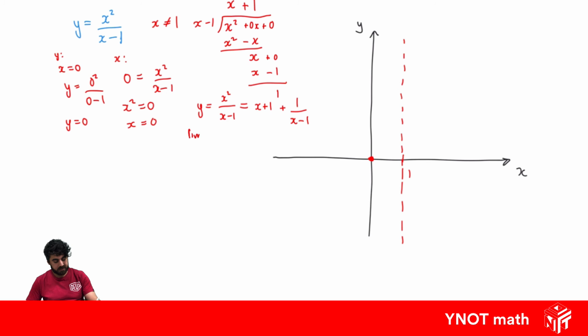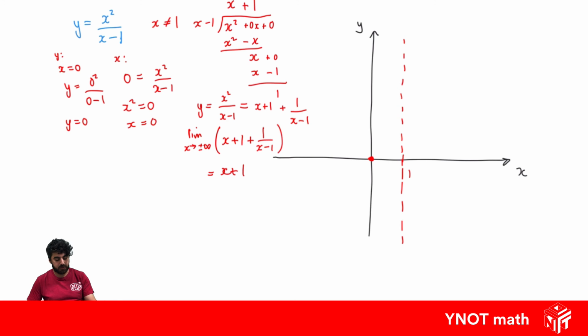So we want to analyze the limit as x approaches plus or minus infinity of x plus 1 plus 1 over x minus 1. Looking at infinity, infinity minus 1 is just infinity, and 1 over infinity is 0, so that term tends towards 0 and the limit becomes x plus 1.